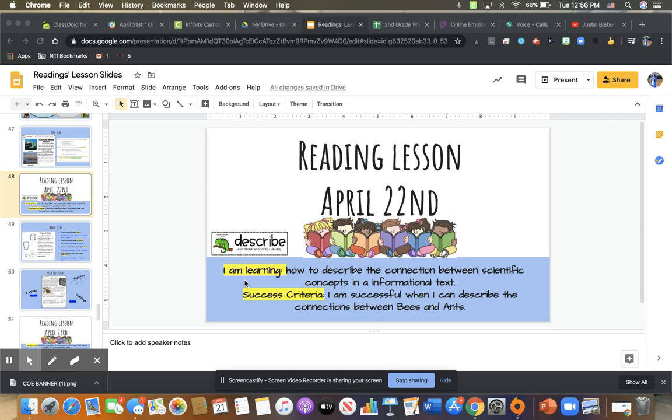We're going to say it again, and I want you to read it with me this time. I am learning how to describe the connection between scientific concepts in an informational text. Very good. Now, our success criteria for today's lesson. I am successful when I can describe the connections between bees and ants.